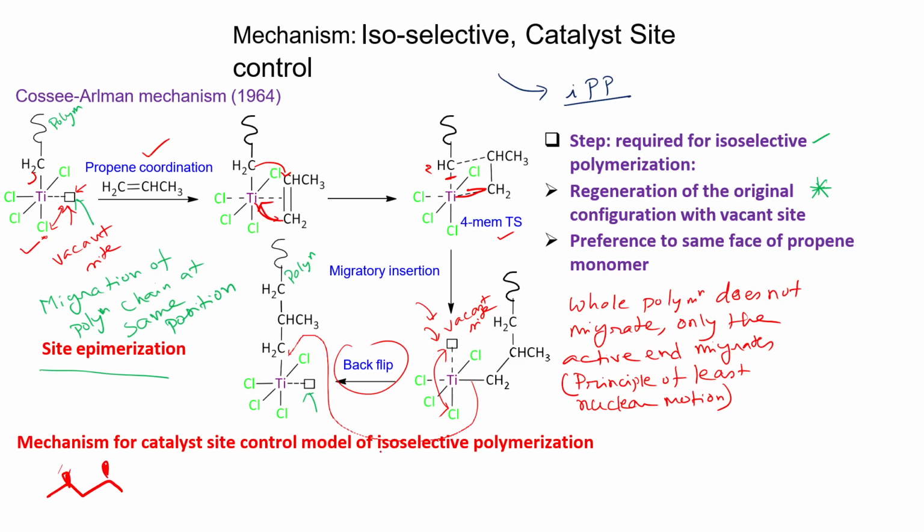For isoselective or isotactic polymerization, this backflip is very important, so that the whole polymer does not migrate, only the tip end migrates. That's how this happens. This is required for isoselective polymerization and regeneration of the original configuration in the vacant side.